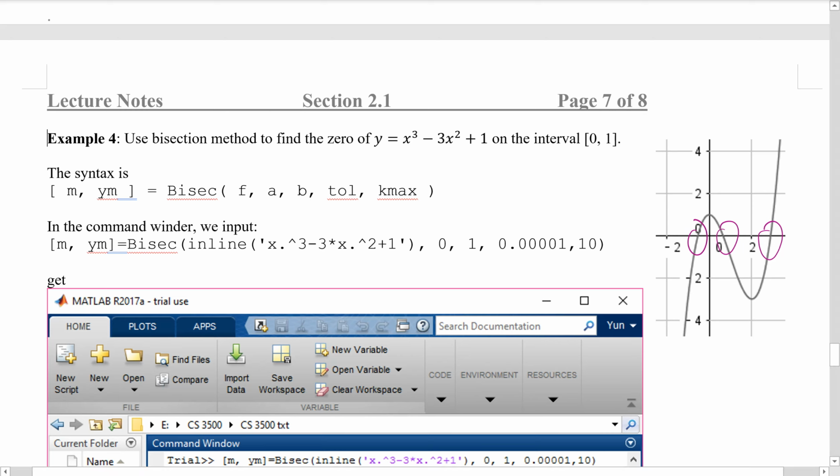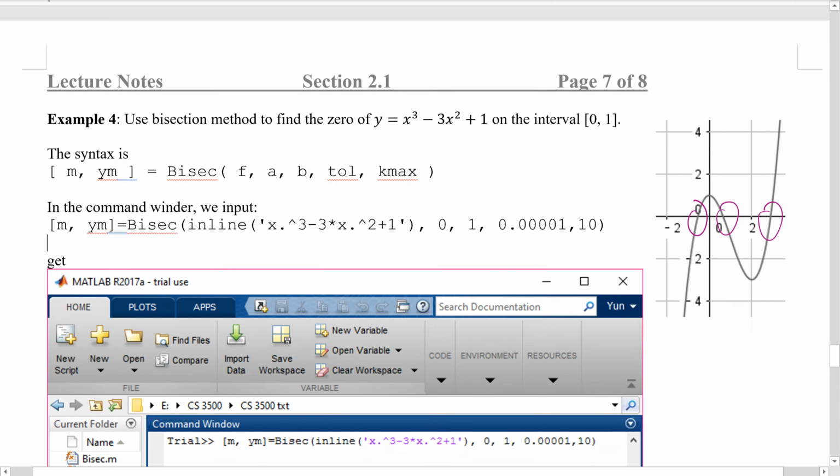So you want to be very close to 0, so you can put your tolerance as 0.00001. Then the function value at that point, the estimated zero, should be smaller than 0.00001. And K-max is the number of iterations. So let's type 10 in this case, 10 iterations.